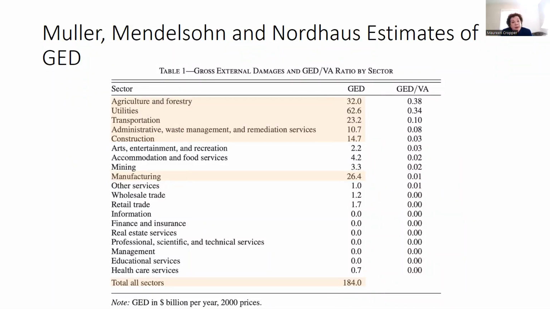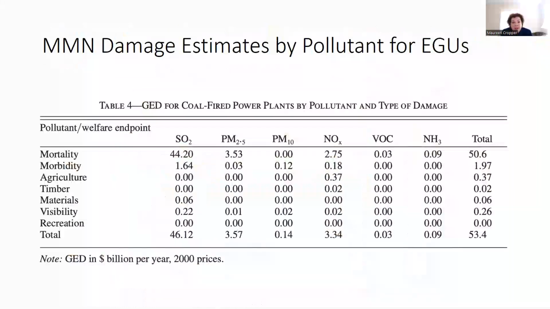So we'll focus next on a single sector, coal-fired power plants. The purpose of this is to show you both how important different types of the 6 pollutants are in terms of forming damages, and also how important different categories of damages are.